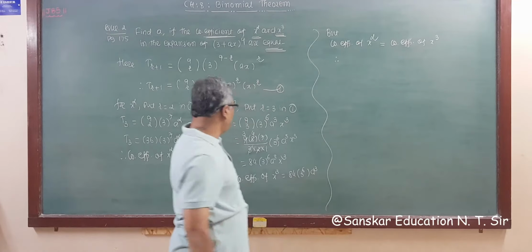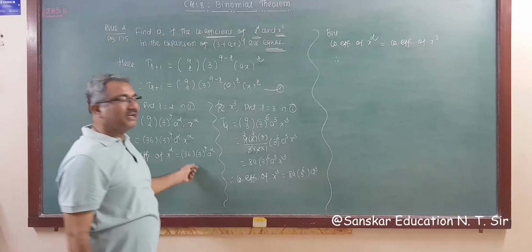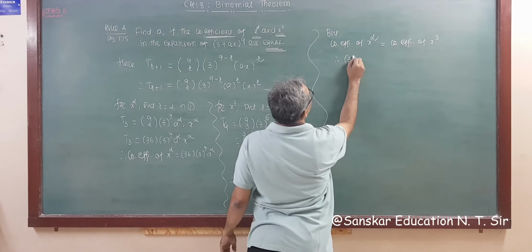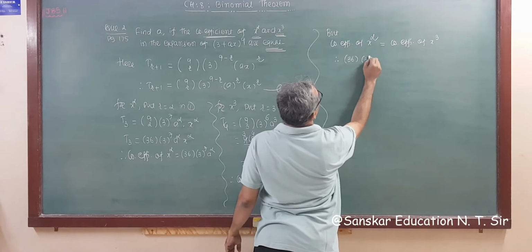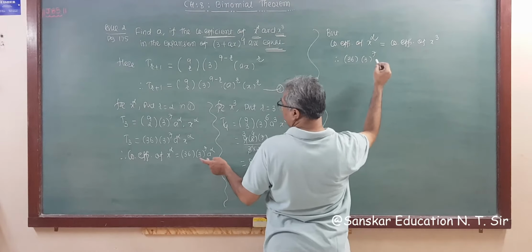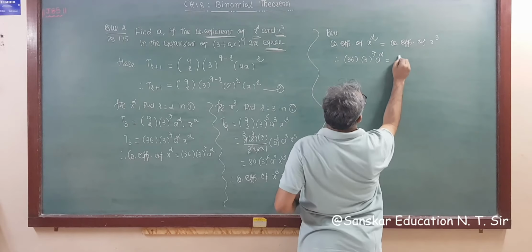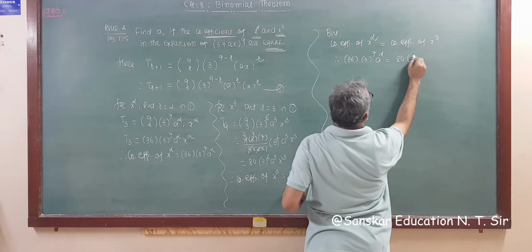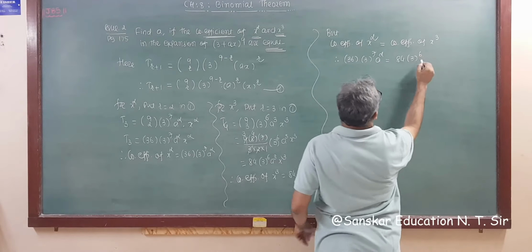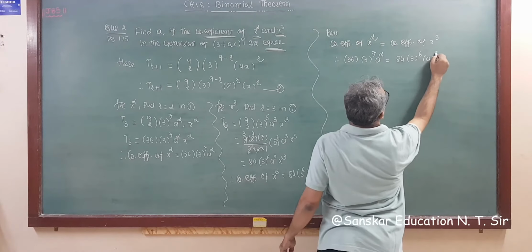So therefore, what we get? 36 into 3 raised to 7 a square is equal to 84 into 3 raised to 6 into a cube.